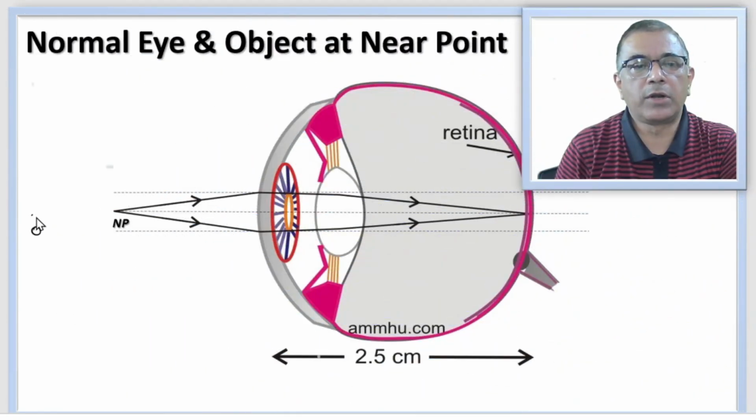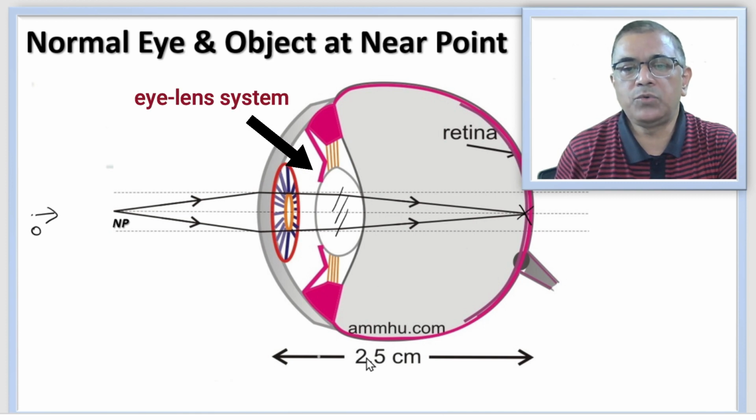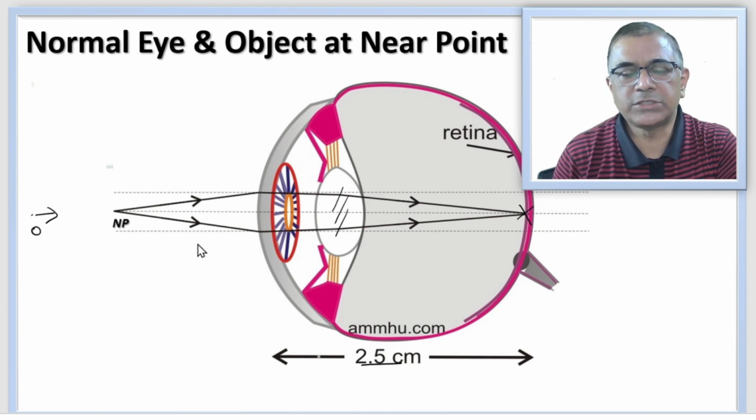When the object is brought closer and closer towards the eye, the focal length of the lens system within the eye changes to ensure that the image is always formed at the retina, which is about 2.5 centimeter from the lens system. Now the question is how this is possible.